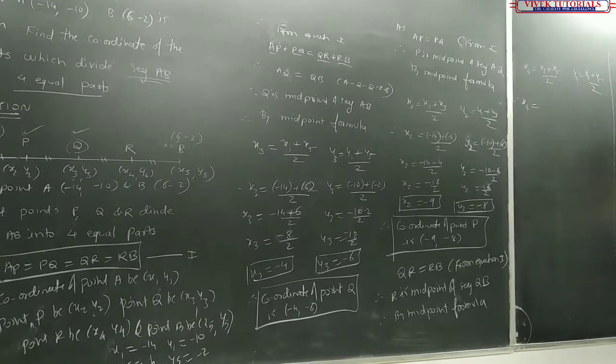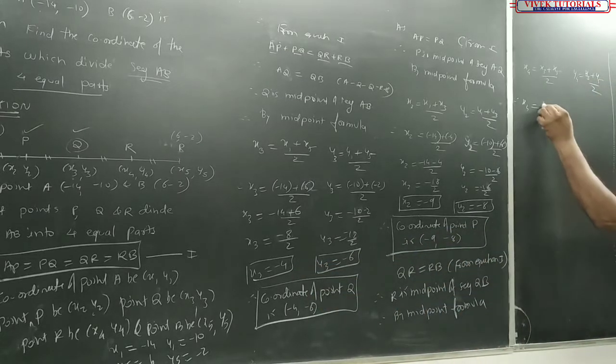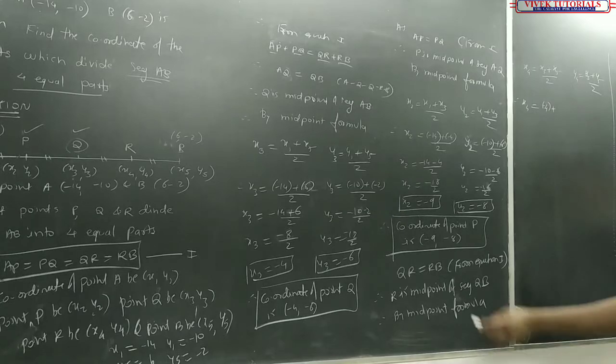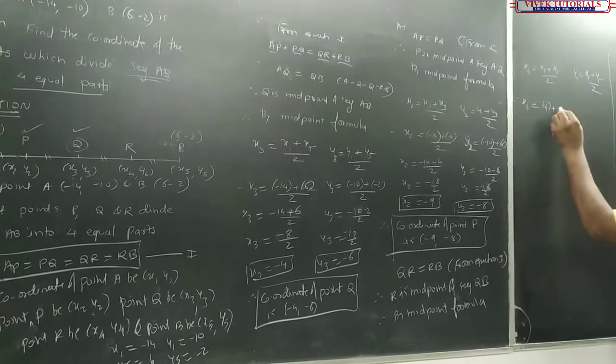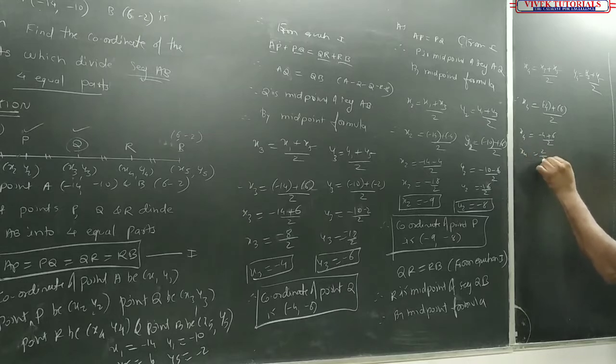Therefore x4, the value of x3 we get from here, that is minus 4, plus the value of x5, which is 6, upon 2. So x4 is equal to minus 4 plus 6 upon 2. x4 is equal to 2 upon 2. x4 is equal to 1.